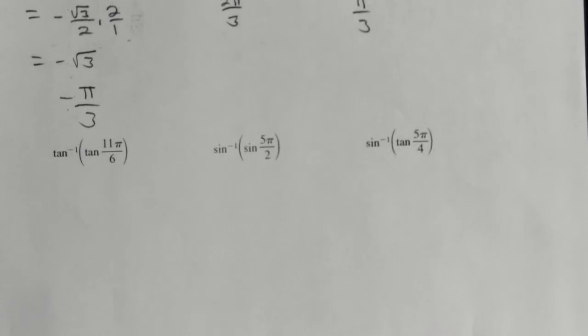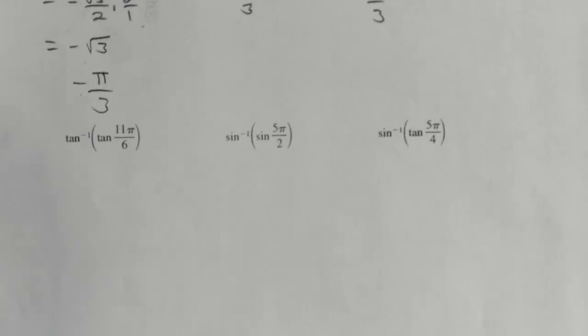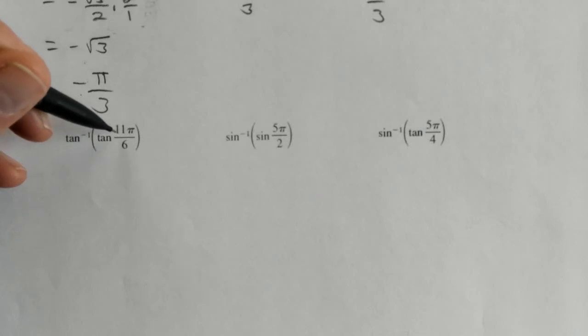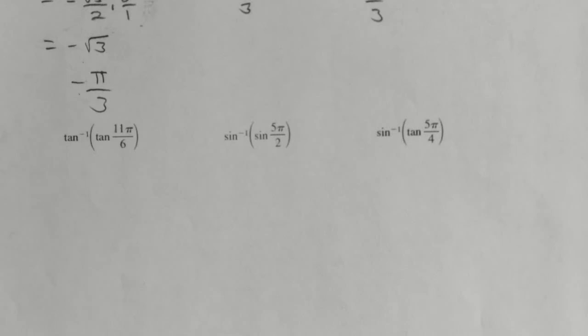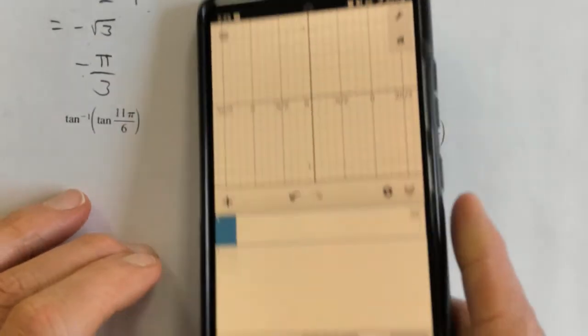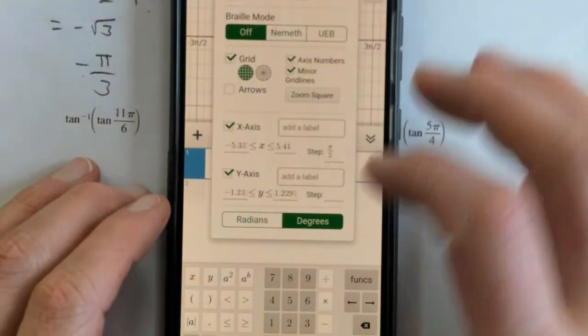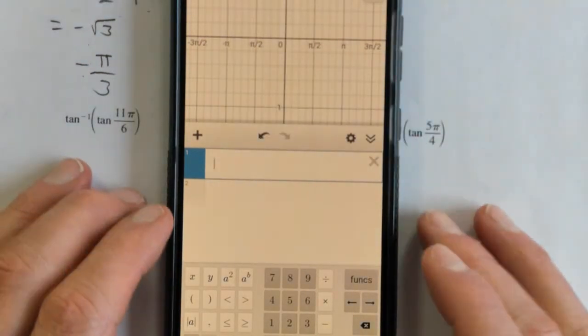Let's say that we want to find the inverse tangent of the tangent of 11 pi over 6. Now at first glance on this one, you might be saying, well, Coach, that's easy. The answer is 11 pi over 6, because remember, inverse tangent and tangent undo each other, right? So for example, I'm in degrees, so I'll give an example in degrees.